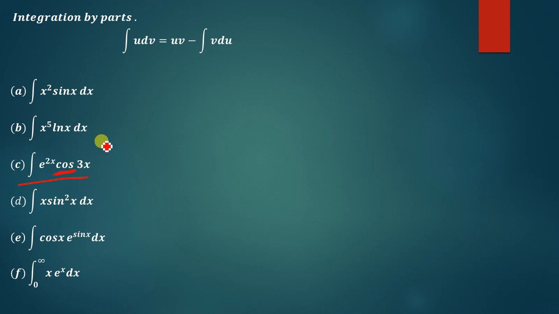But otherwise, there's a short form of integrating this. If you have anything in the format e to the power ax cos bx, you simply replace the values of a and b in the following formula.